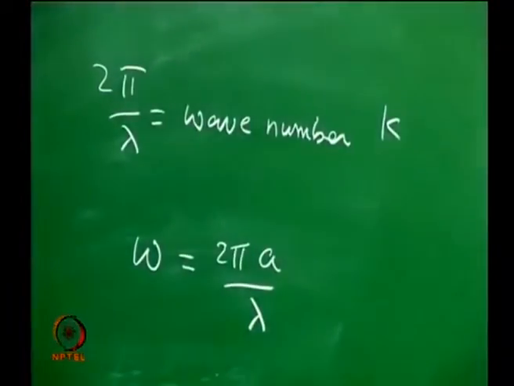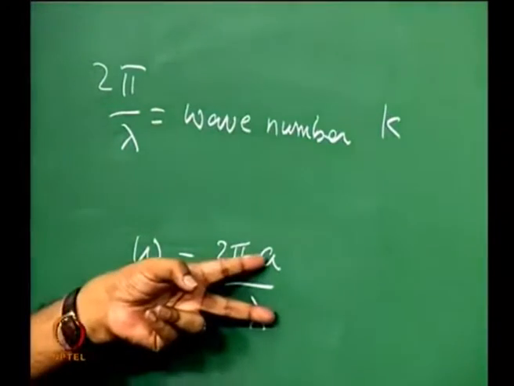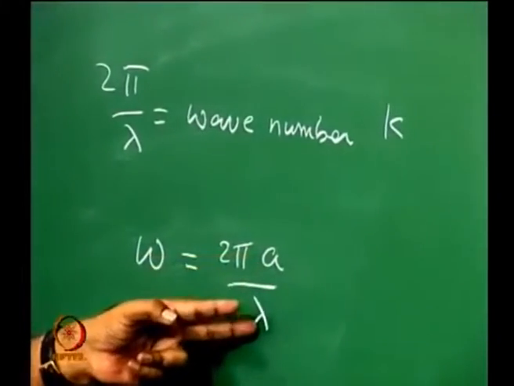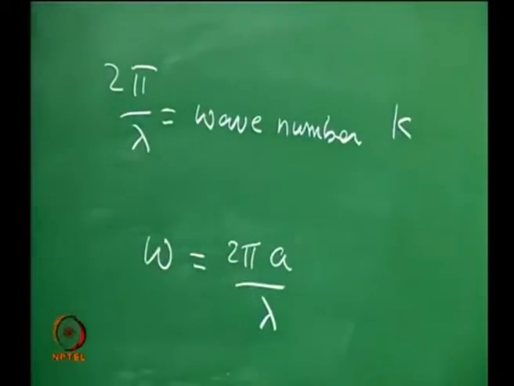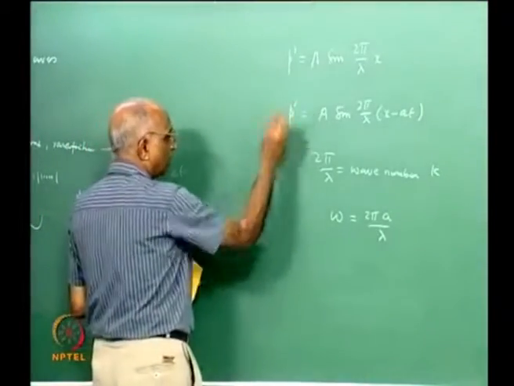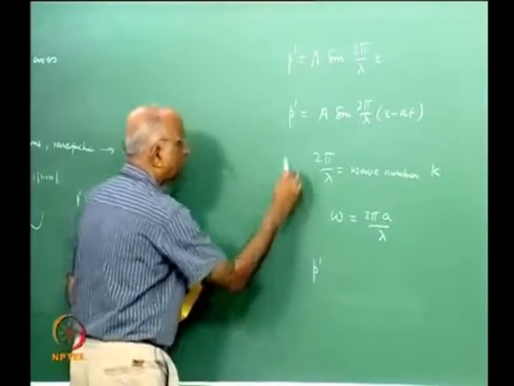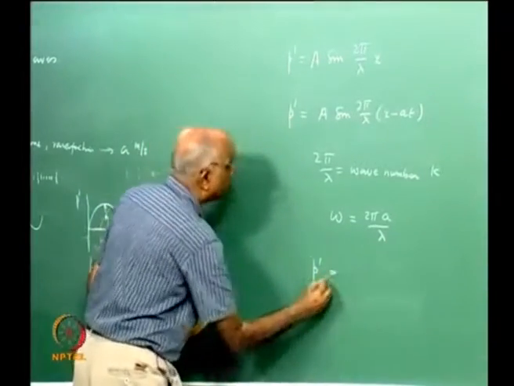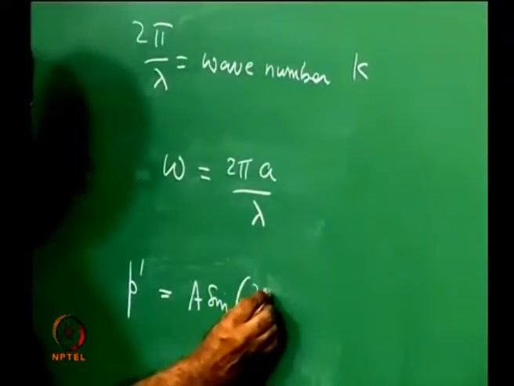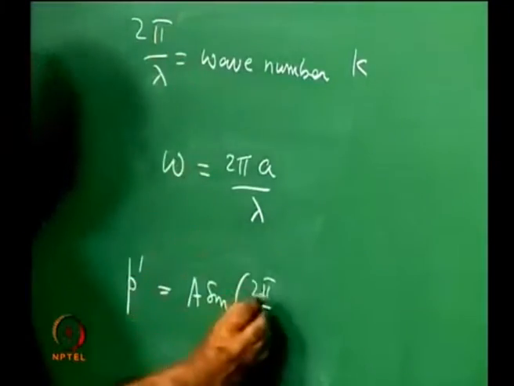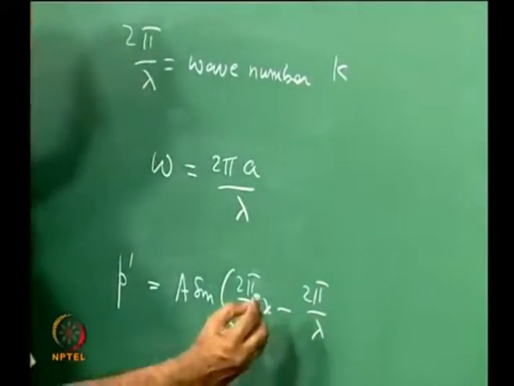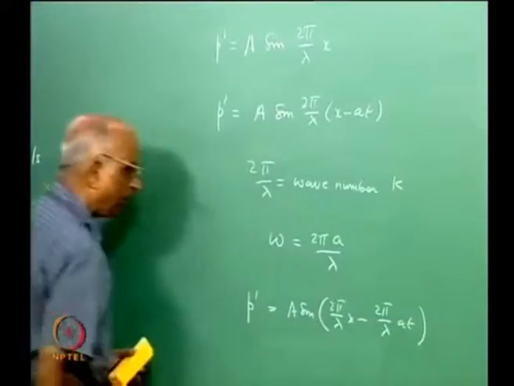We define the value of time T as lambda by a, capital T being the time for one oscillation. Therefore, frequency is 1 by lambda by a, and therefore, omega is equal to 2 pi a by lambda. Now, I substitute these two into this equation, and I get the oscillation p prime. I made a correction over here, p to p prime is equal to a sine of 2 pi by lambda into x minus 2 pi by lambda into at over here.